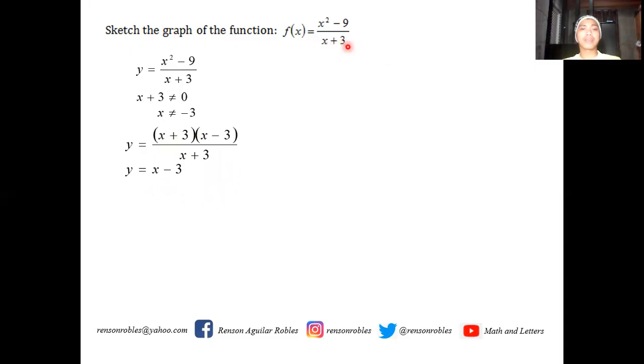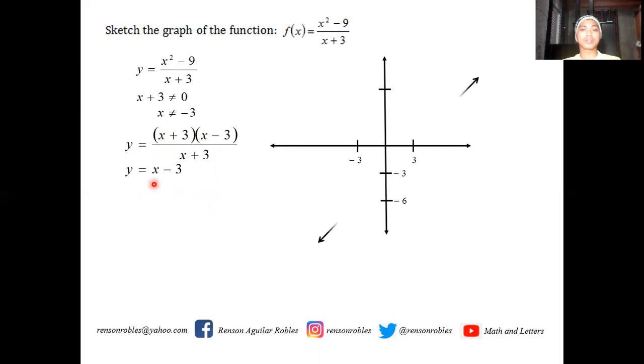So we are only left with x minus 3. So f of x can now be thought of as x minus 3. So this is again a line, and this is the graph of the line y equals x minus 3. However, we identified earlier that x cannot be negative 3. So negative 3 cannot be used to replace x here.